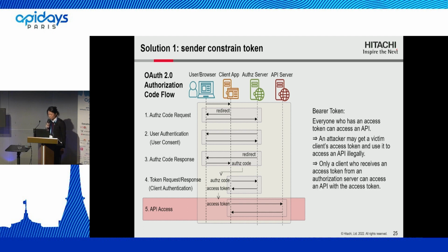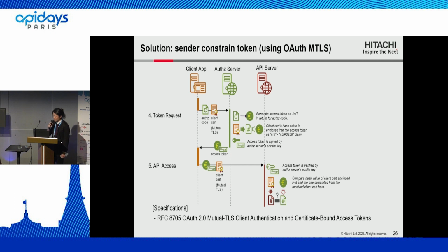To prevent that problem, the FAPI specification describes using a sender constrained token instead of a bearer token. By following sender constrained tokens, only the client application that received an access token from an authorization server can access an API by using this access token. The FAPI security profiles describe using OAuth MTLS defined by RFC 8705 for realizing sender constrained access tokens.